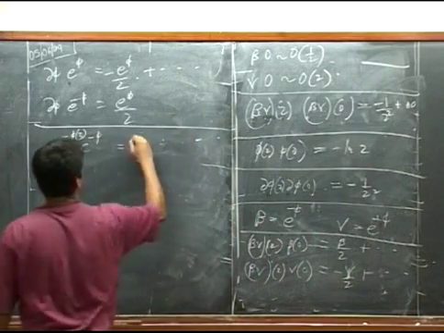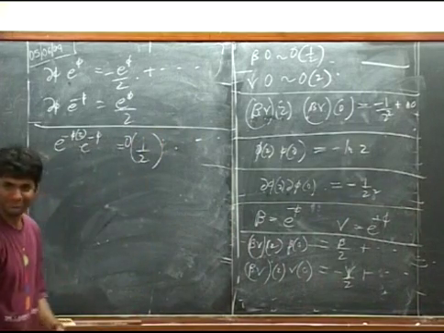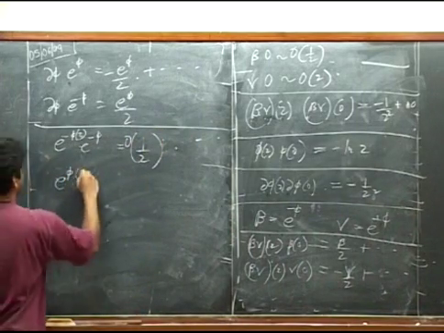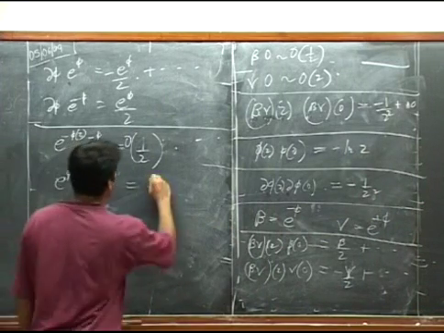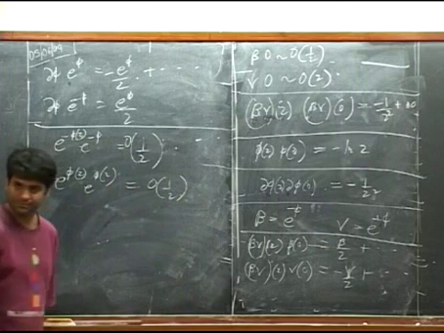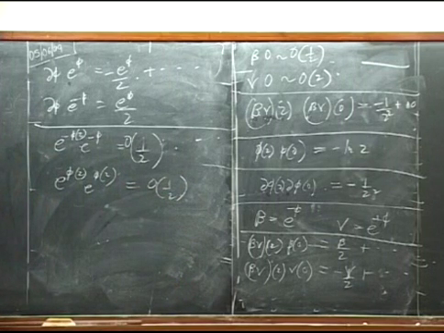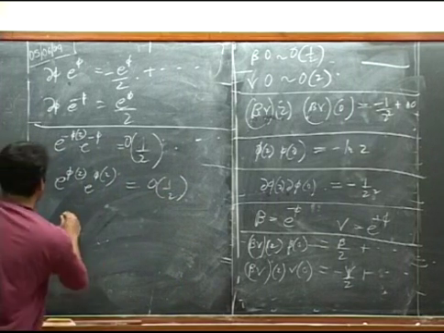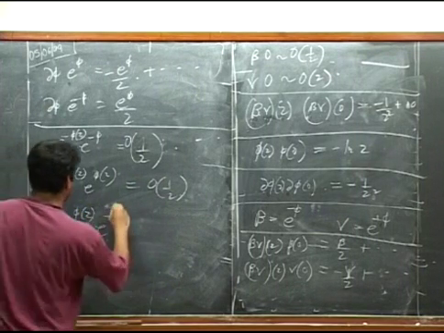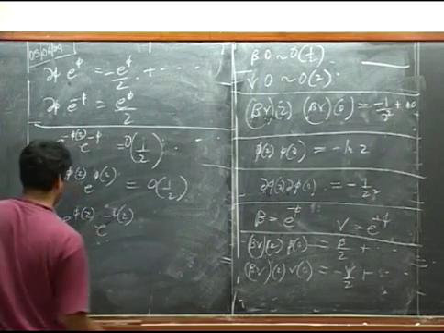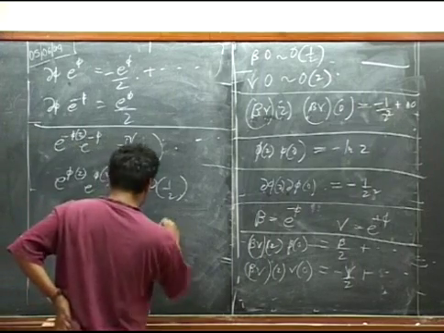Similarly, e to the phi of z, e to the phi of z will be order 1 by z. Whereas e to the phi of z and e to the power minus phi of z will be order z.